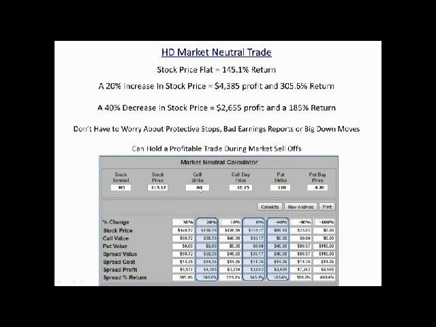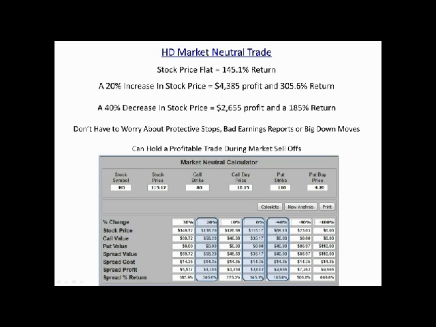We bought the 80 strike call at 10.15, and then we legged into the 110 strike put at 4.20. So in this example, the calculator will calculate the profit potential from a 30% increase in the underlying stock at option expiration to a 100% decline. Now, of course, we don't expect a big decline in a stock like Home Depot, but I just put this in here to show you how this market neutral spread strategy works.